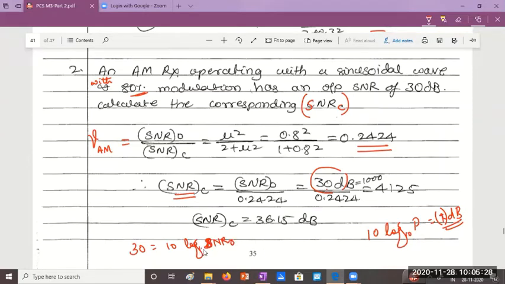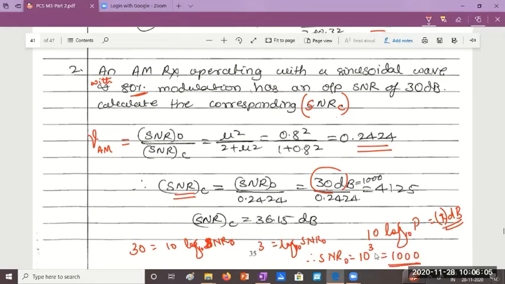So what will this become? 3 is equal to log SNRO to the base 10. Yes or no? 30 divided by 10. I'll bring this to the left hand side, it becomes 30 by 10. Therefore, what is the value of SNRO? SNRO will be anti-log of 3, which means 10 raised to the power of 3, which turns out to be 1000.